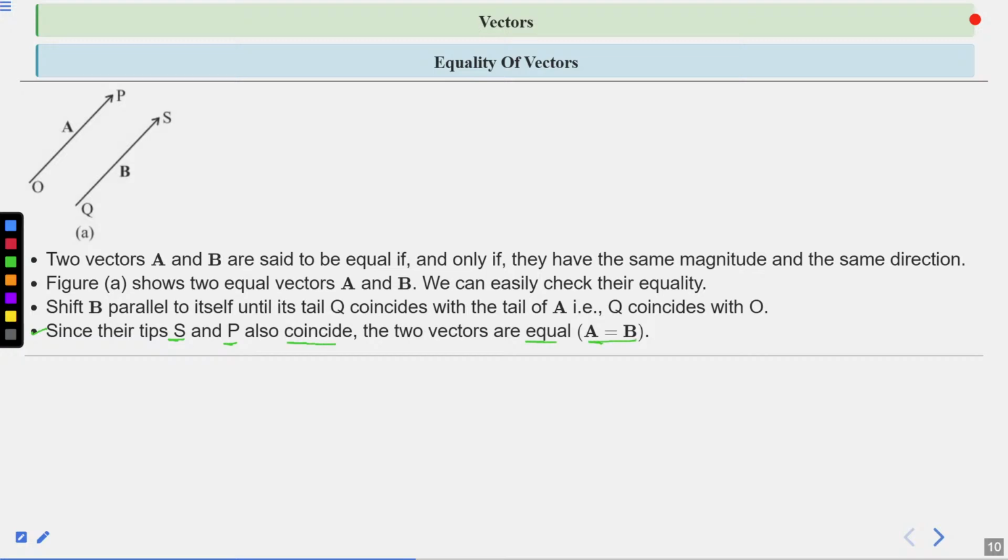A vector equal to B vector. Clear? Now tell me what is here head and tail. We have A vector, or we can say OP vector. The tail is this one, O point, and head is P.